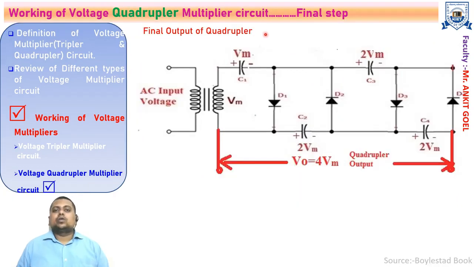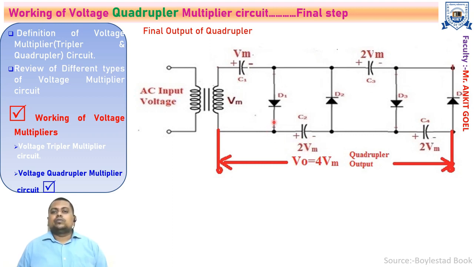Let's discuss the final output of the voltage quadrupler circuit. So this is the circuit arrangement. We did the analysis for this circuit, and we have seen that the capacitor C1 is charged to hold the voltage Vm. Capacitor C3 will hold the voltage of 2Vm with the polarity plus and minus. Capacitors C2 and C4 also hold the voltage 2Vm with the corresponding polarity.